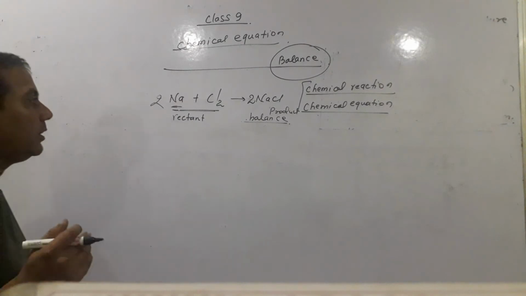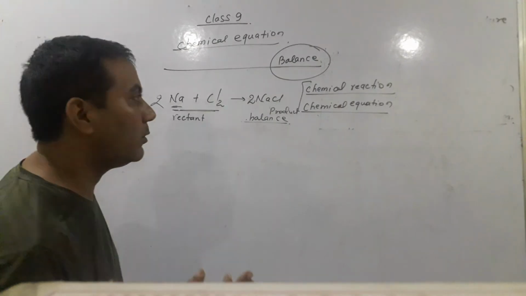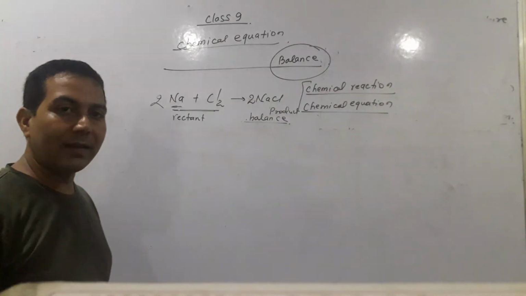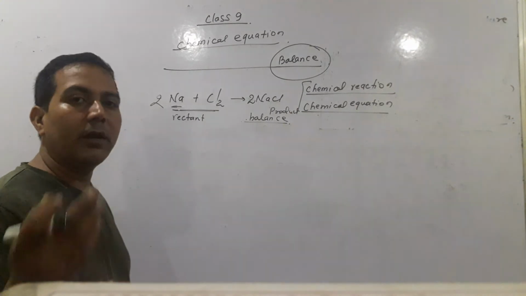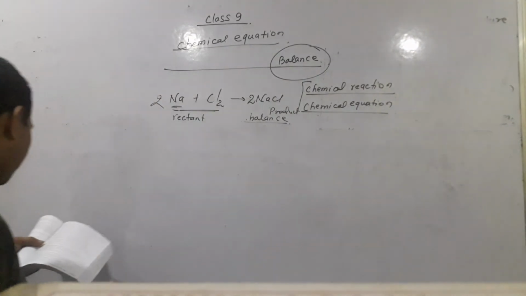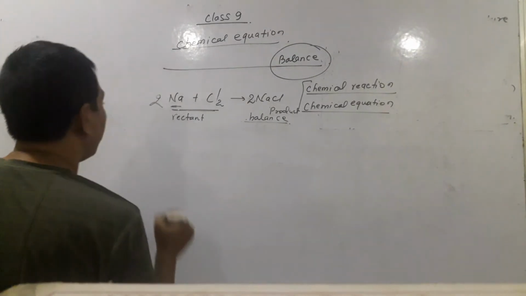I think you are somewhat clear about the reactants and product and balanced and unbalanced reactions. Now we will do some practice by which you may be clear about the reactants and product.